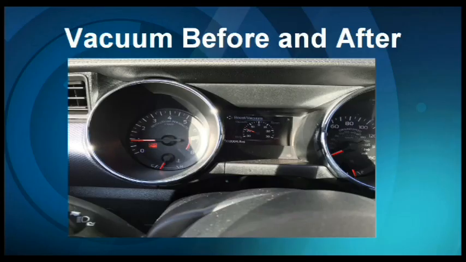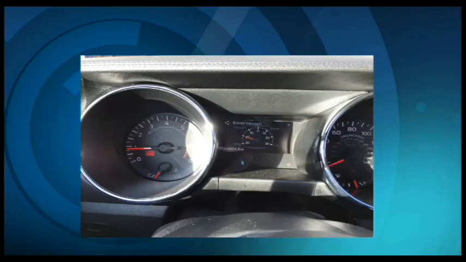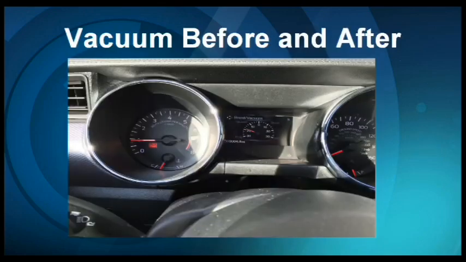Now, after the cleaning, pretty much the same engine temperature. Notice the tachometer is in the same exact position, hot engine base idle, below 1,000 RPM, but look at our engine vacuum now. We're just a hair over 20 inches of vacuum. So we picked up a solid 2 inches of vacuum after the upper induction cleaning.